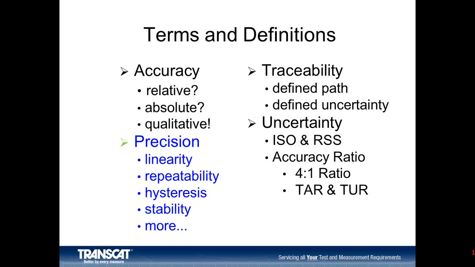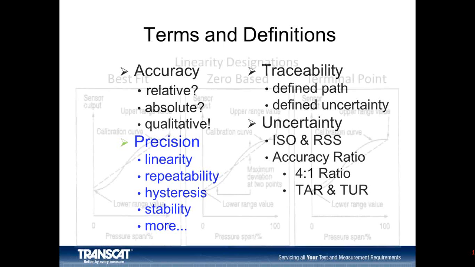When we conduct calibration, we make measurements of the characteristics of this item under test, and often have to make an assessment about whether it conforms to specifications or not. And one of those specifications is, of course, linearity.